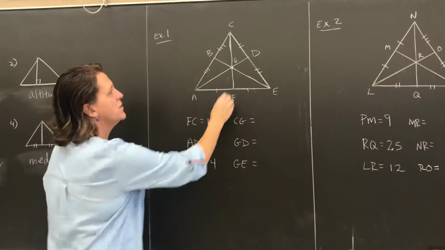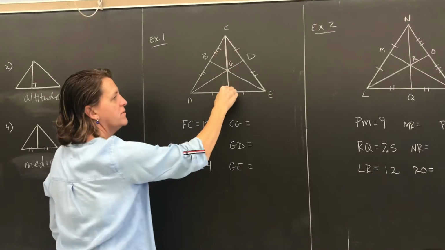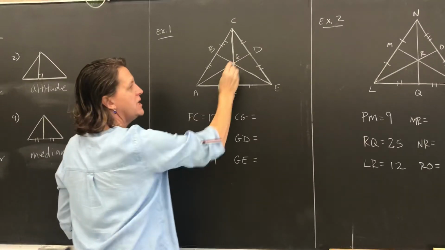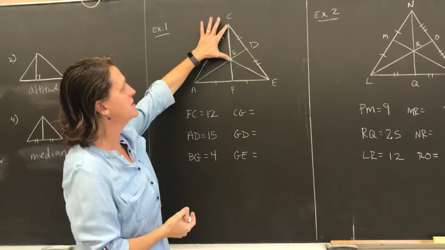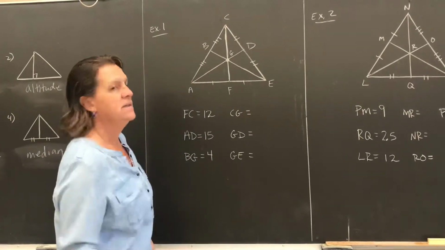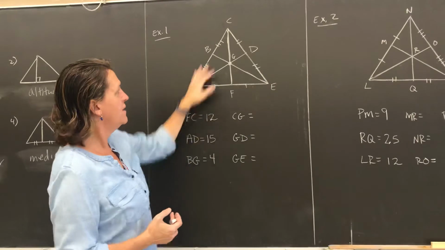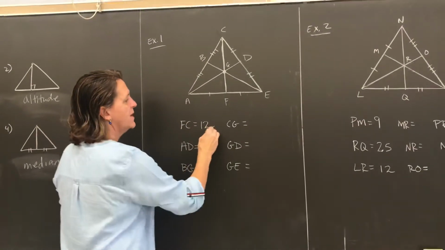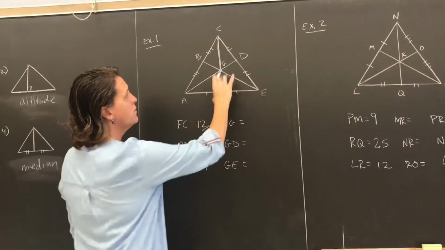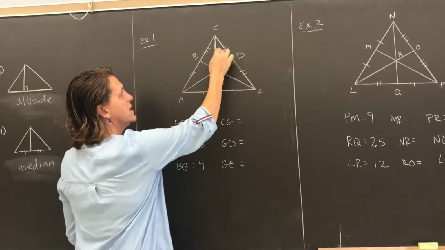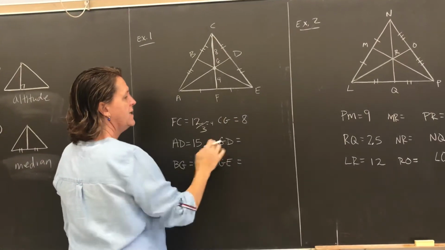FC is 12, so I'm saying this whole line is 12. Well, if G, which is a centroid, is 2/3, I need to find how much this is. The easiest way to do these, if you have the whole thing, divide by 3. That'll give you 4, right? So 4 is the short, double it for the long, so you get 8.